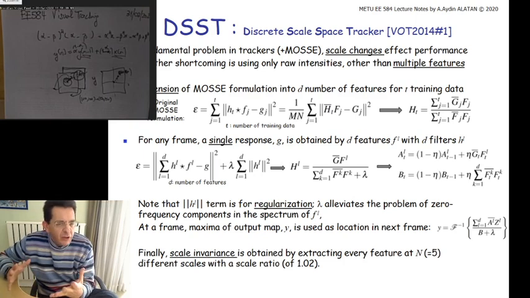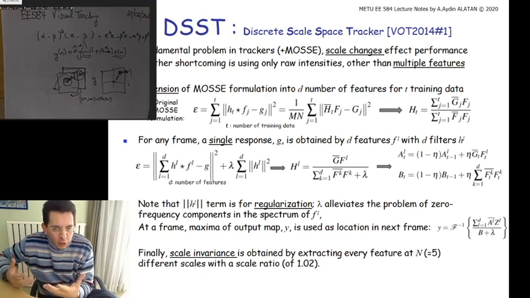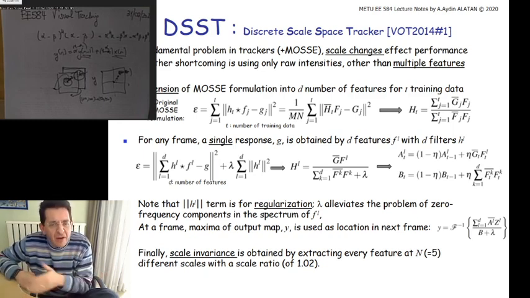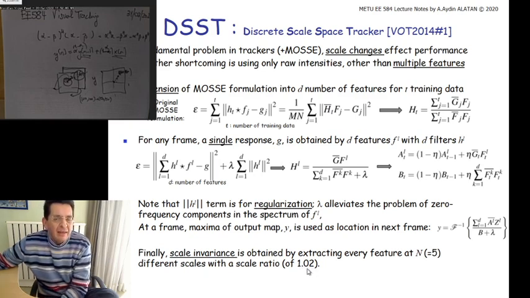Now, how did we do the scale invariance? Frankly, there is no very interesting solution. We obtain a scale space representation, a pyramid. For every different scale, we have +5 and -5 different scales here, okay? We are increasing by 1.02 at every scale and by the reciprocal of 1.02.